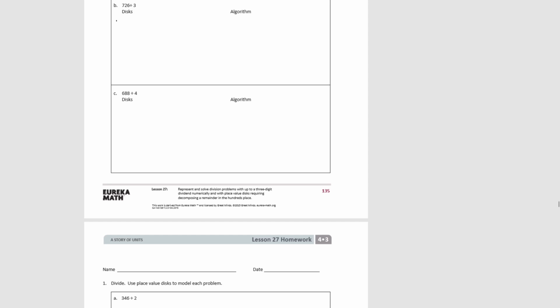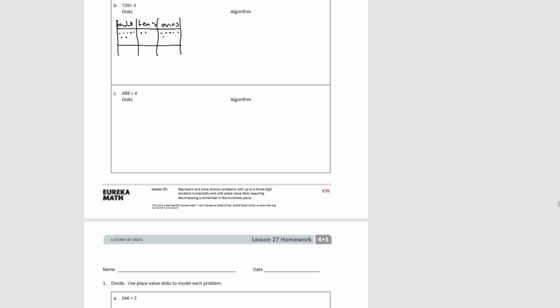Okay, let's, in our place value chart, show the dividend, 7 hundreds, 2 tens, 6 ones.